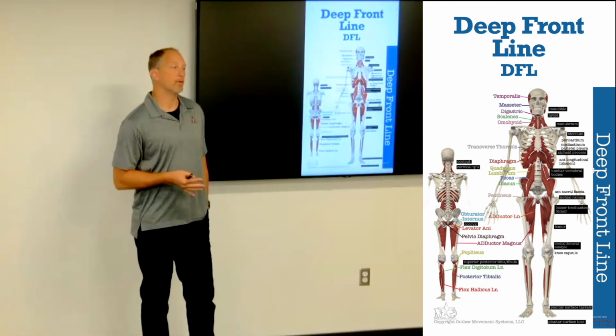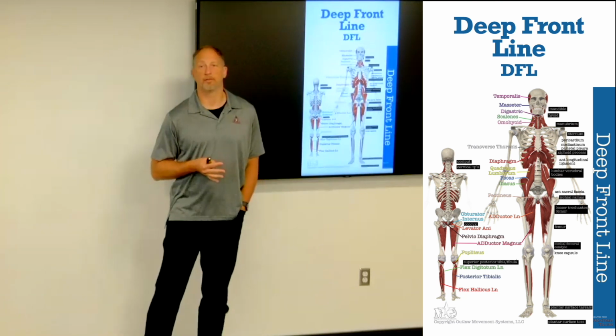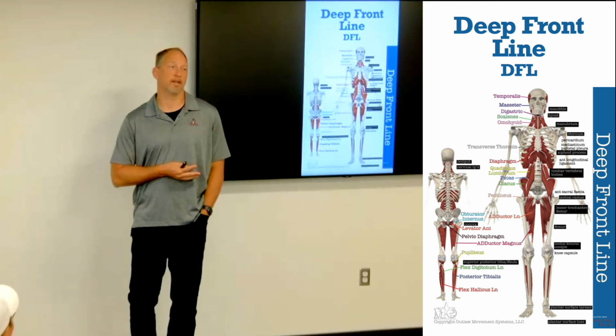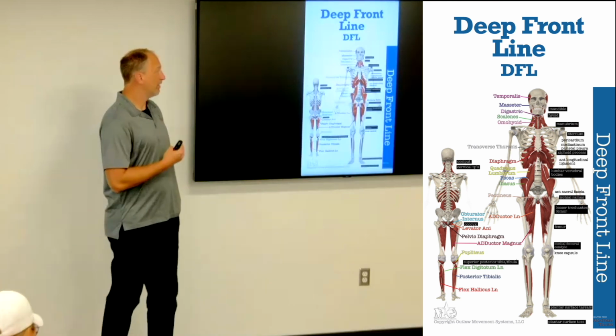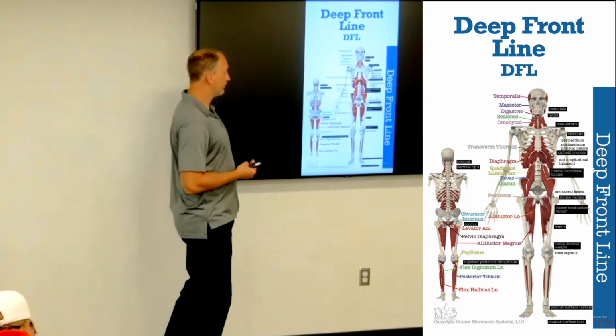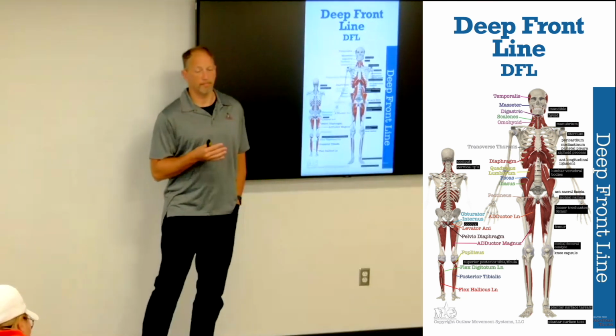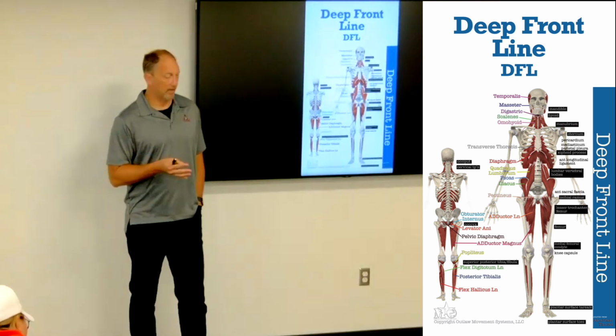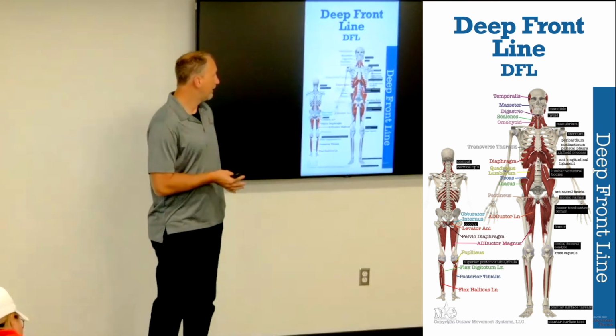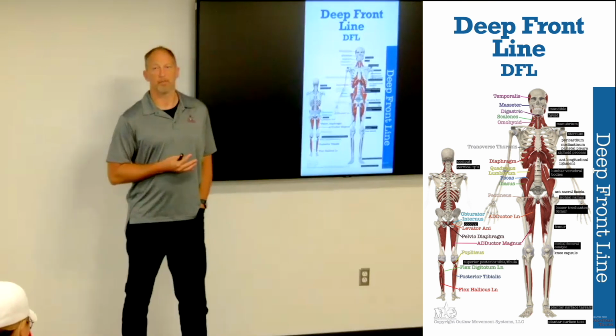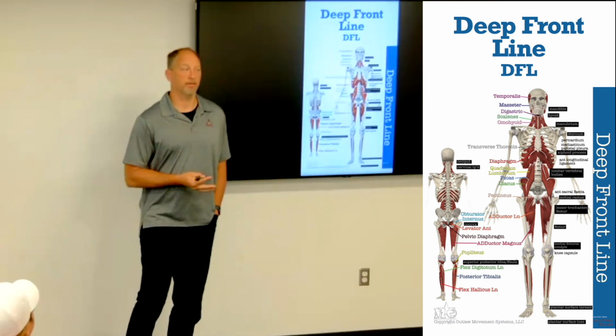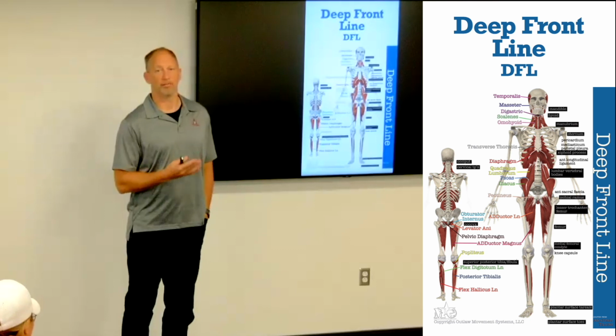So there is a little bit of crossover with the adductors into some of the other lines. And yes, the psoas is a relatively big, strong muscle, but everything else in this line, again, is a very deep muscle and not a big, strong muscle.